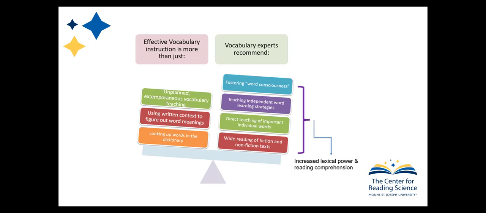Again, it's a good strategy, it just can't be the only strategy. Three, direct teaching. As mentioned, the most important words, often Tier 2 from the Beck work, should be explicitly taught and practiced. And finally, having students engage in wide reading of text builds additional word knowledge.